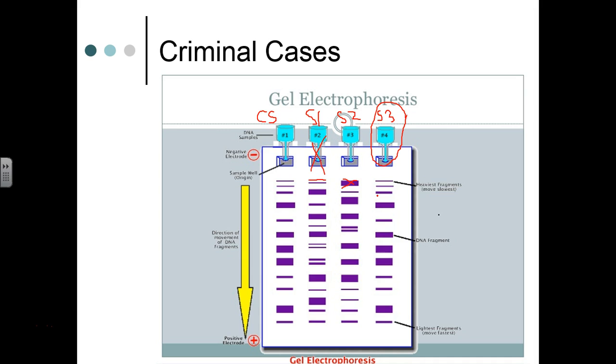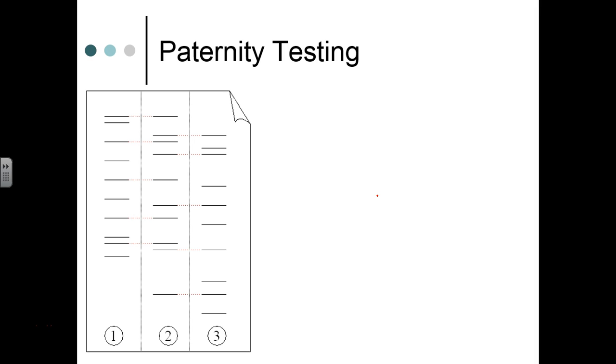Again, the idea is that you're looking for an exact match for a criminal case. That's not true for paternity testing. In paternity testing, what we need to remember is that in order to find an individual's father, you also have to rule out the DNA that was provided to that individual by the mother. Let me give you some labels and walk you through how we reason through this.